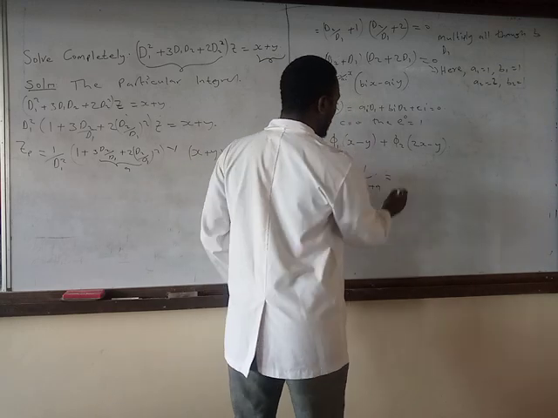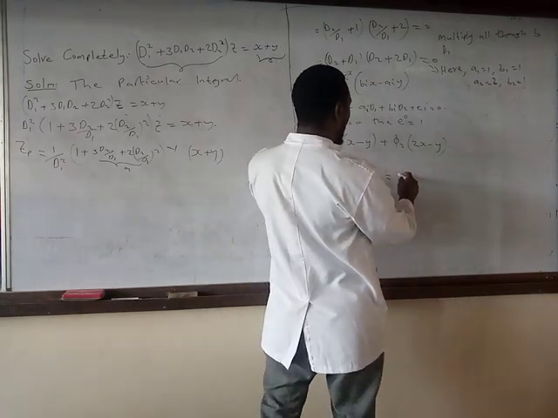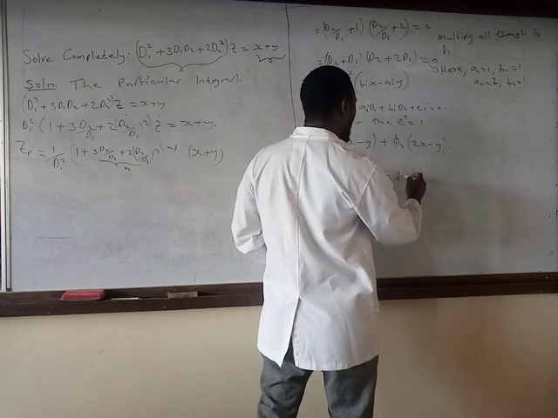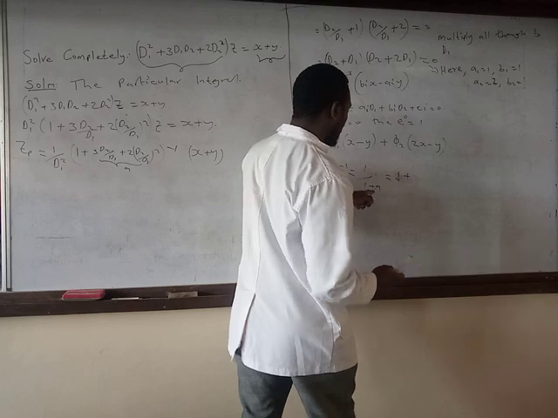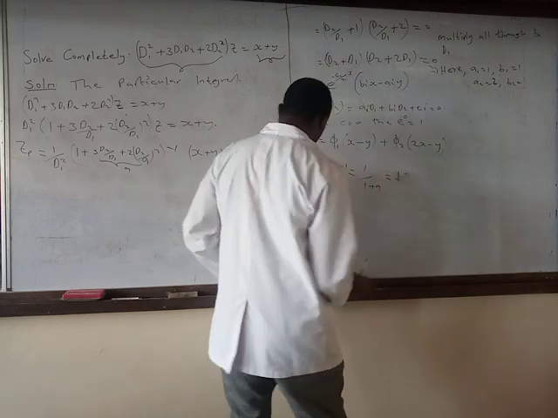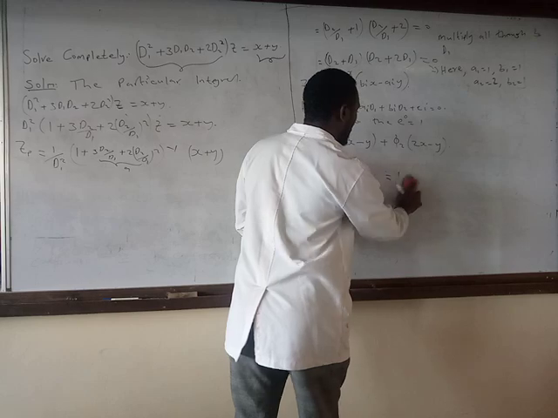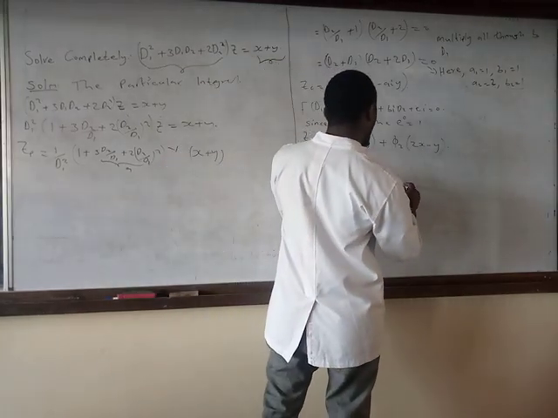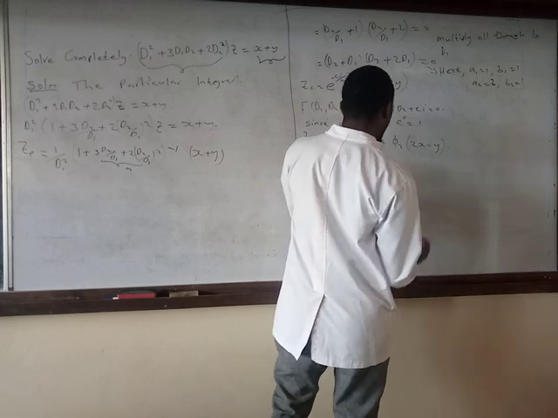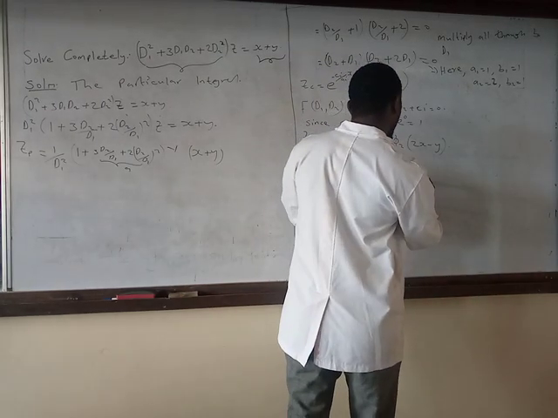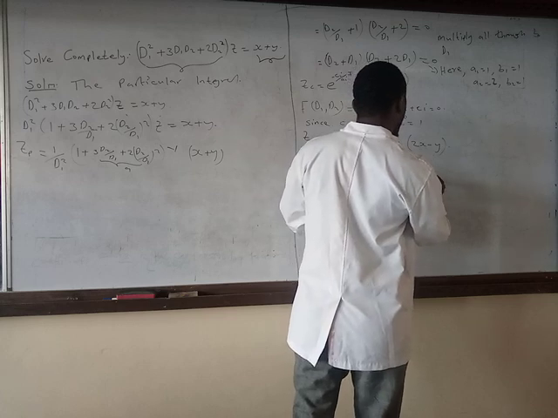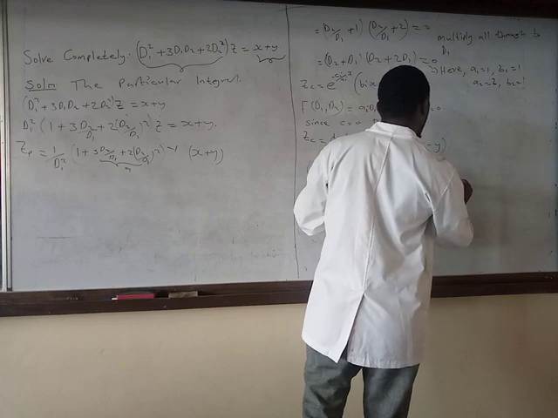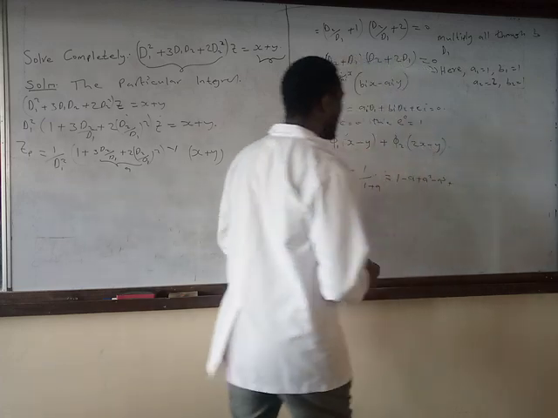So this is the same as, using the binomial theorem, just 1 minus a plus a squared minus a cubed plus and so on.